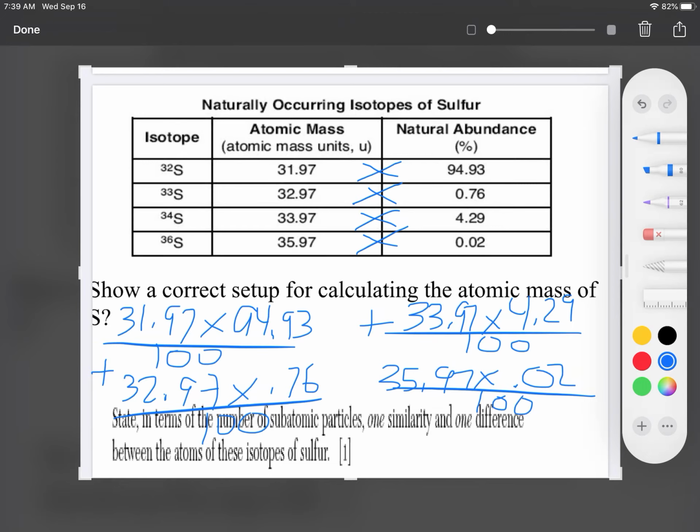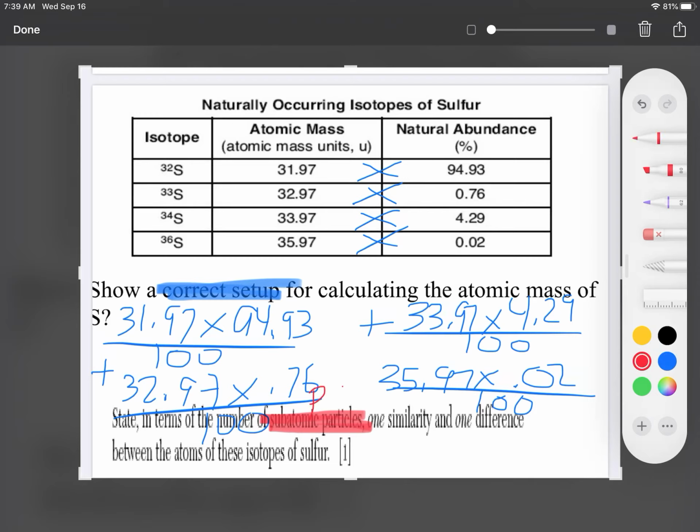That's the correct numerical setup. They did not ask you for the calculated result. If it did, then you know what to do: you multiply and divide by 100, add each one, and add them all up. Let's look at the question below here. It says in terms of what now? Subatomic particles. That means we have to think of the word PEN.